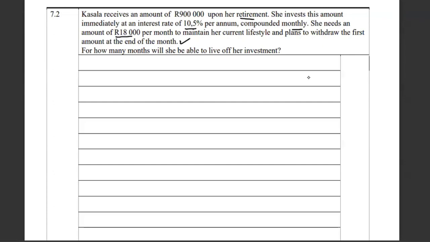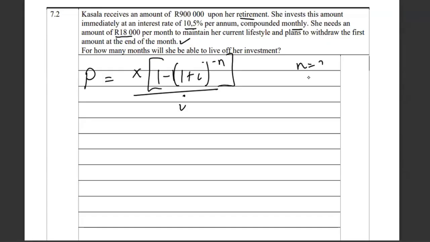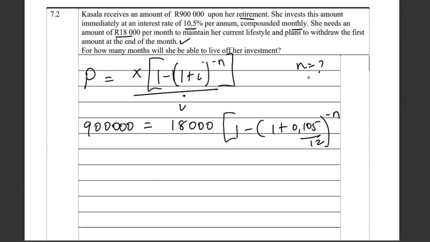So this is a present value situation, whereby we're looking for, let's first put this down, negative n over i. We're looking for the n, after how many months. So our P is the 900,000, and then the x is the 18,000 into 1 minus 1 plus the i, which is 0.105 over 12, to the exponent of negative n.